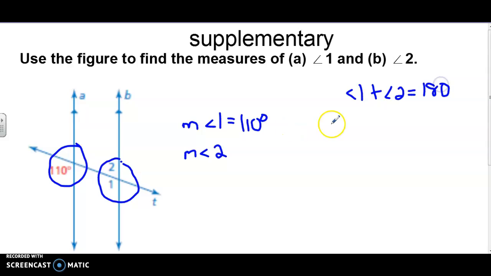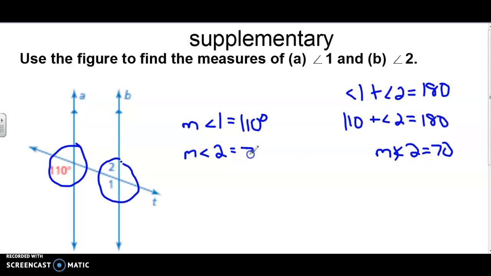I already know that angle 1 is 110 degrees, so that means that angle 2 is going to be 180 minus 110. So the measure of angle 2, I like to put this angle sign there, is 70. All right, so that is how we can find missing angles using corresponding angles.